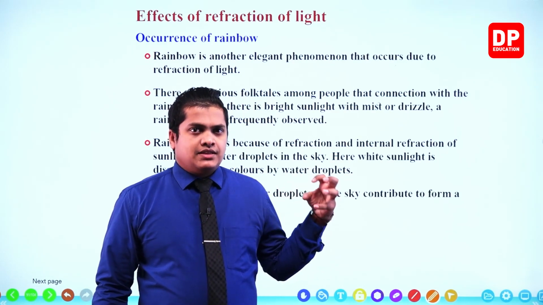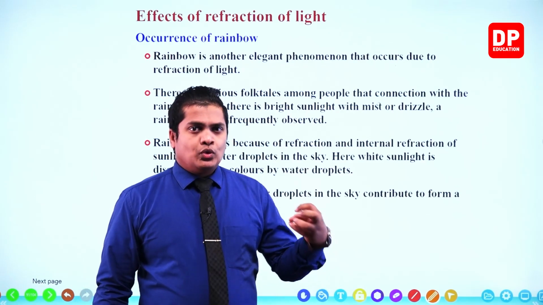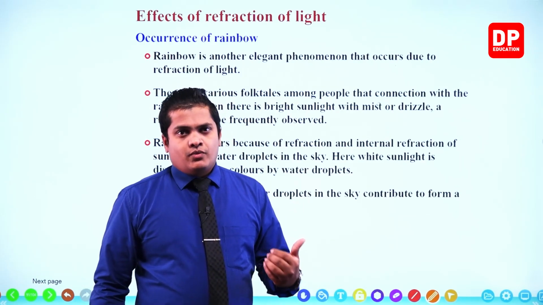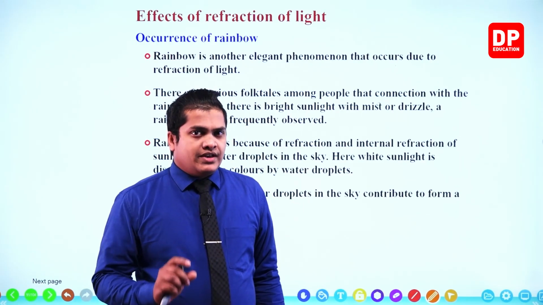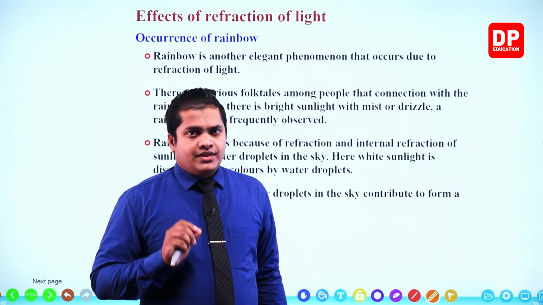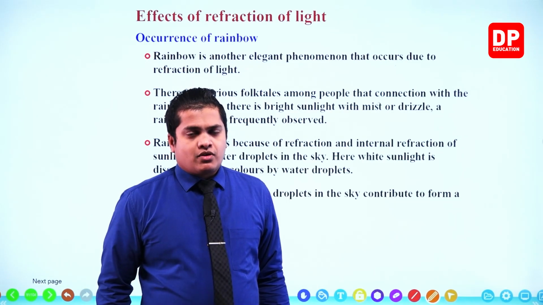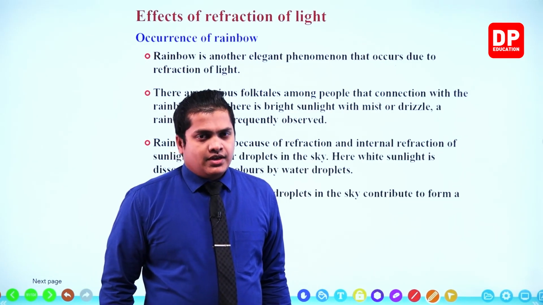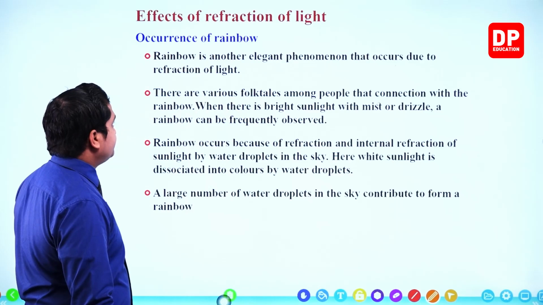So upon passing white light through those water droplets, we can observe a rainbow. That's why even near a waterfall, we can observe this rainbow or the spectrum of 7 colors. Right? Now let's head on to see the content then.